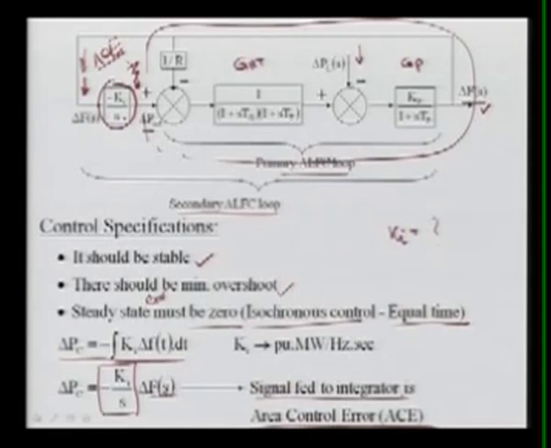From here we can relate the change in frequency, ΔFs, which is GP multiplied by the change in PT minus the change in PL. I have dropped the s, but no doubt these are in the Laplace domain.